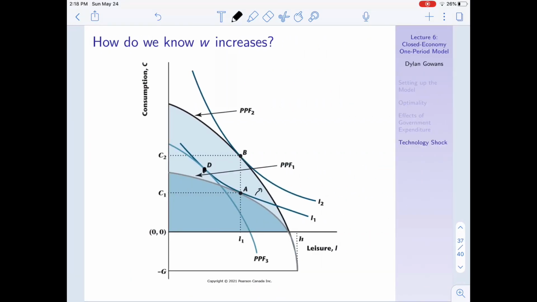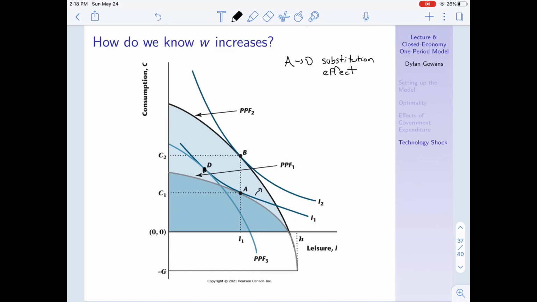I copied this graph from the textbook because I didn't even want to try to draw all these lines. But let's go through it piece by piece. Piece one is the following. I'm going to tell you that the movement from point A to point D is the substitution effect. Why? How do we determine graphically what the substitution effect is?